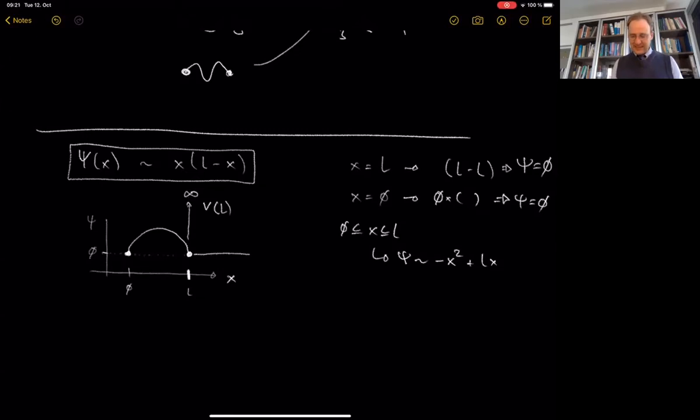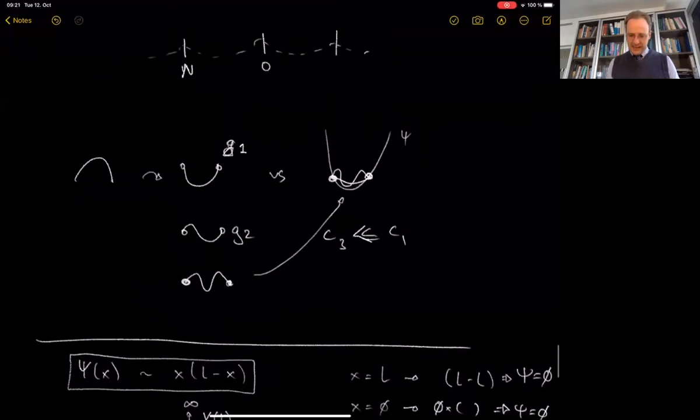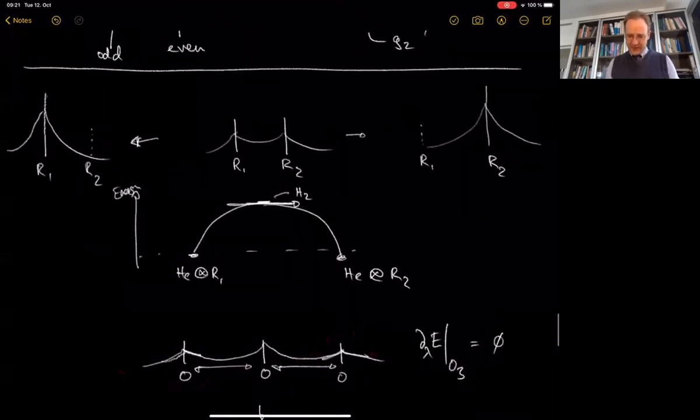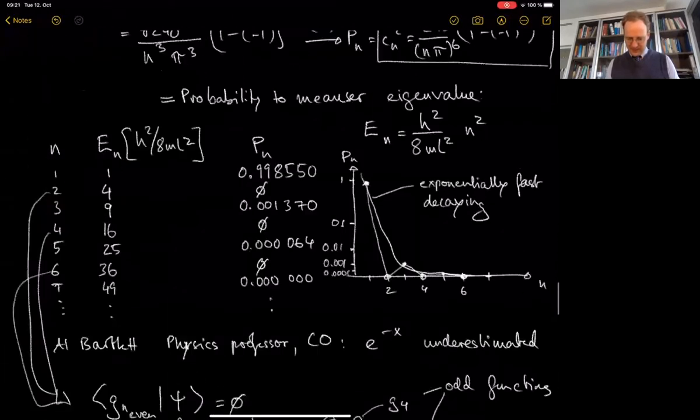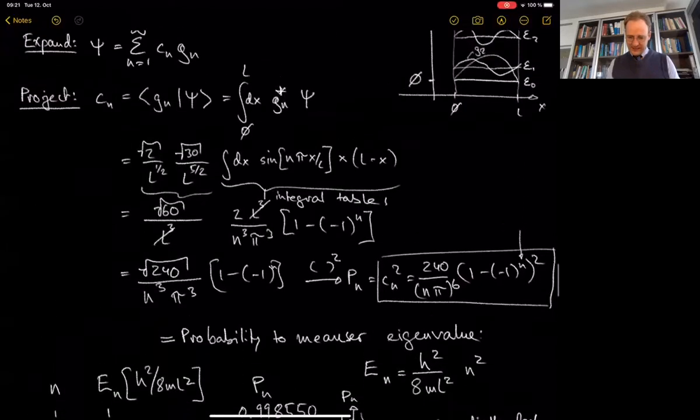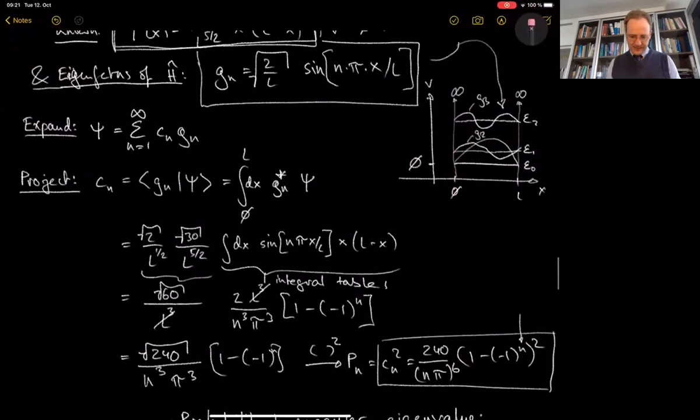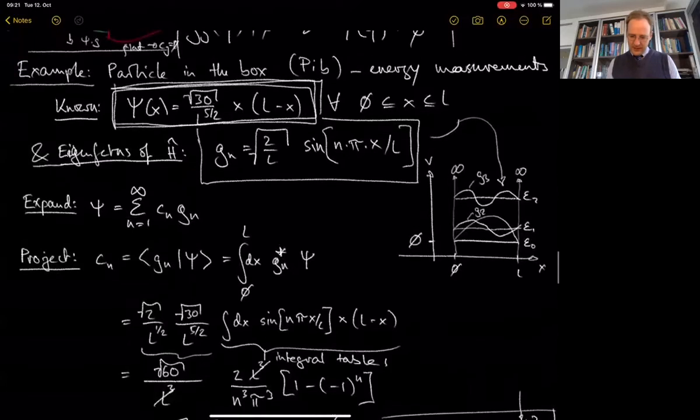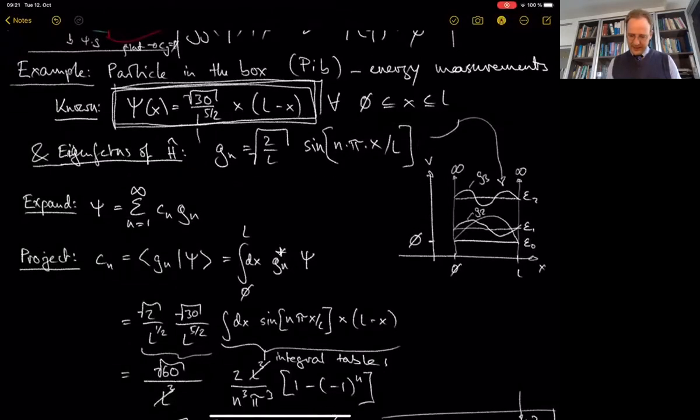And now we discussed expanding this wave function. So think about it as an approximation, expanding this thing in your eigenfunctions, right? And the eigenfunctions of the particle in the box, you know, it's always these sinusoidal functions here. We discussed them yesterday, right? It's these guys, okay?